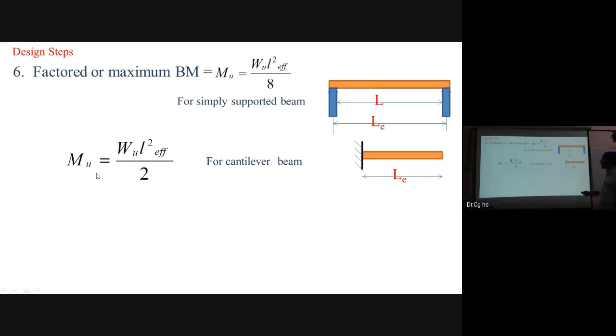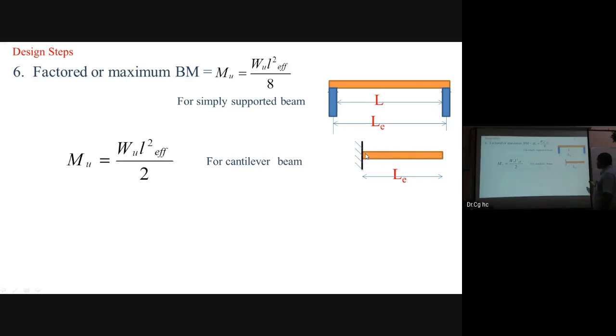And suppose it is a cantilever beam, where one end is fixed and the other end is free. Here the moment is WL into L effective, WL square. W into L is the total load on the beam, isn't it? On the slab, the cantilever slab. W into L is the total load on the slab.